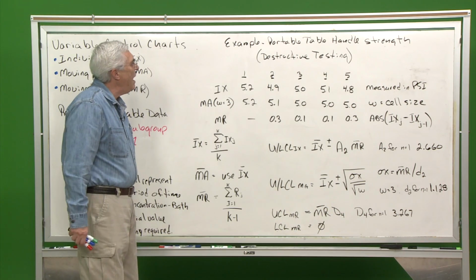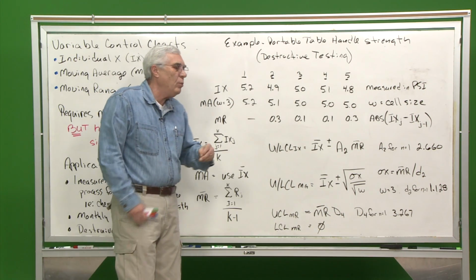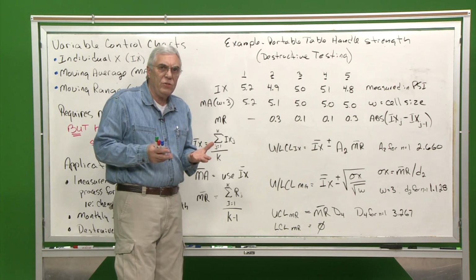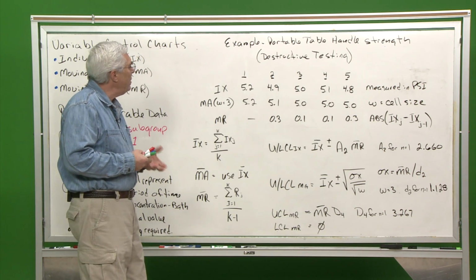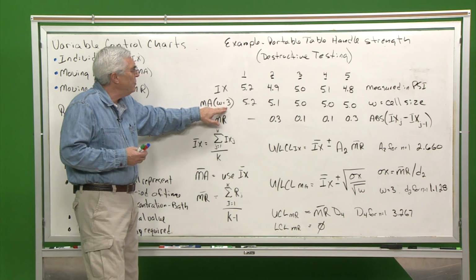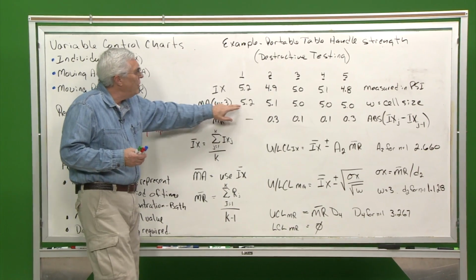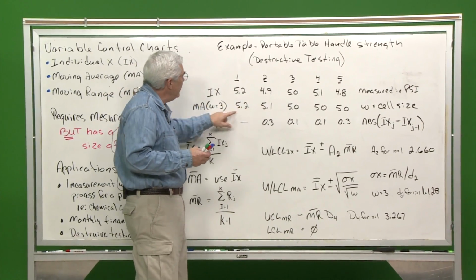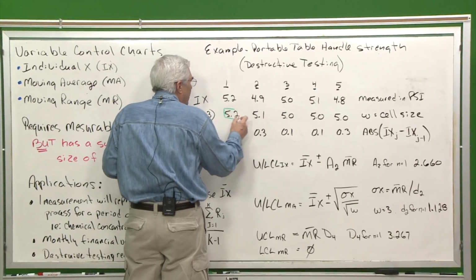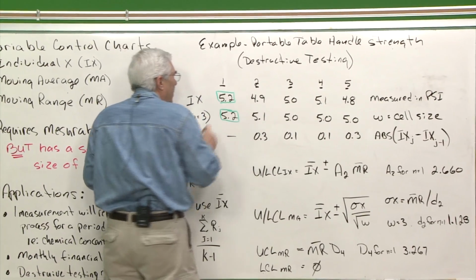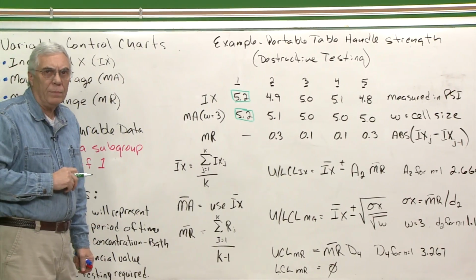When you do a moving average, you have to decide on what they call the cell size. W is the variable that is used to represent the cell size. So for the sake of example, I'm going to use a cell size of 3. Now what that means, let me show you how these values were arrived at. To get the first value, I simply used the value in subgroup 1.